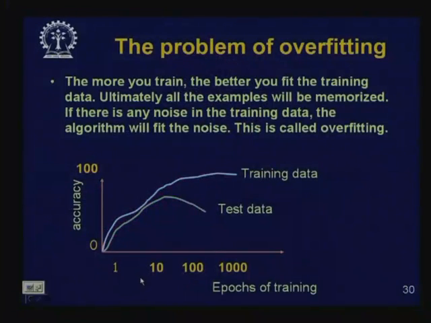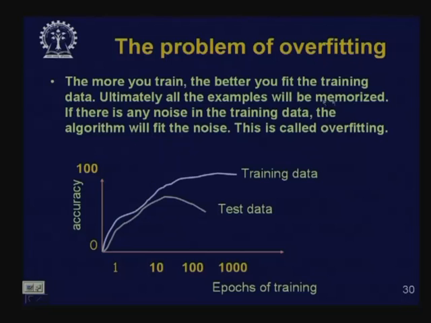And what is happening usually is that your algorithm is overfitting the data. It is fitting itself to all the idiosyncrasies in the training data, which makes it incapable of generalizing over unseen data. This phenomenon is called overfitting.